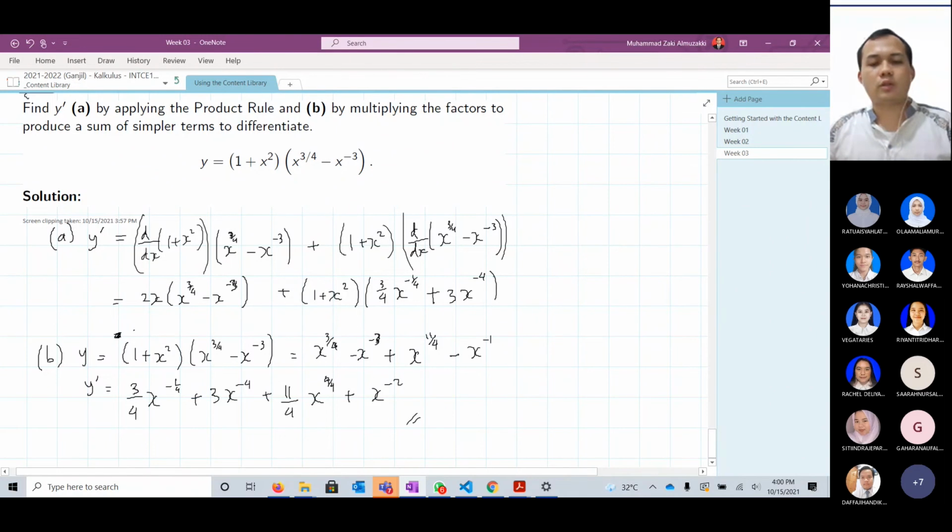So you can try to compare the top one and the bottom one, the answer for A and B, by expanding the A. Try to compare if they are the same or not. I believe that they are the same.